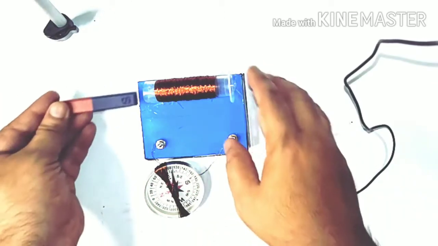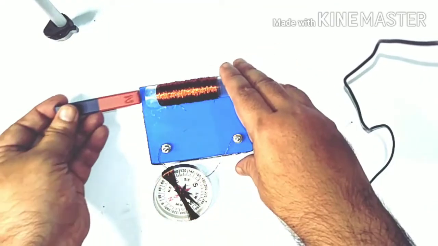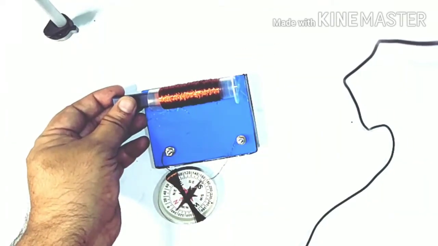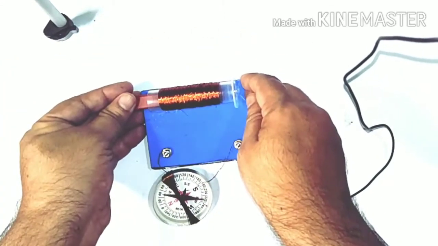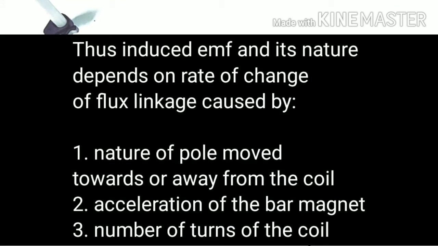Observe one more thing. When I take the north pole, it moved in anti-clockwise direction, right? If I take the south pole into this, it moved in the opposite direction, clockwise, right? From this we can conclude a few things.